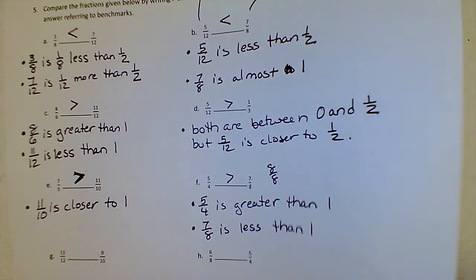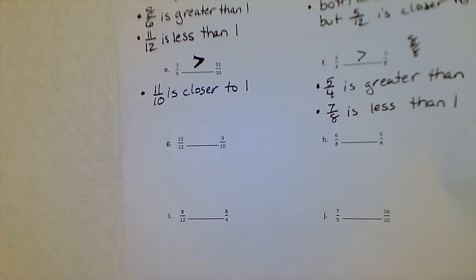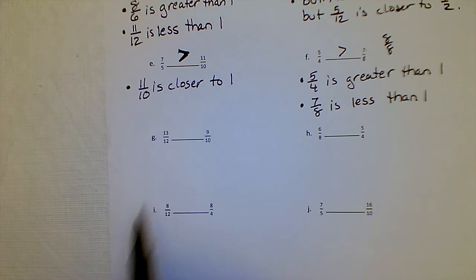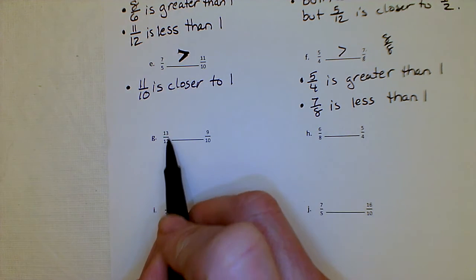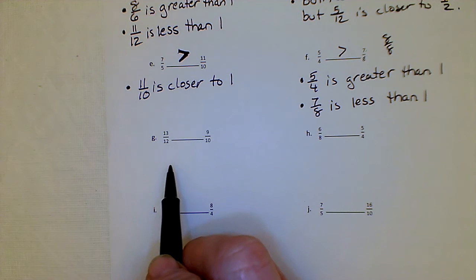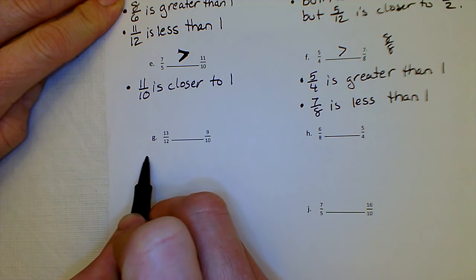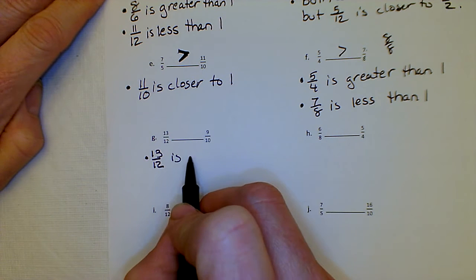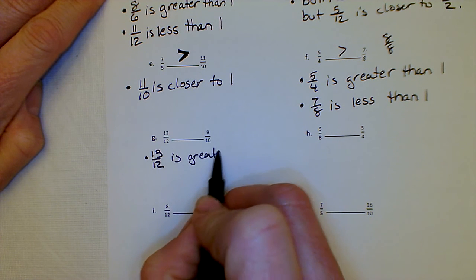All right, let's take a look at another one. So let's take a look at G. So G has 13/12 and 9/10. Can you guess how to do this one? Does this look kind of similar to F? It should. Here we have again a fraction greater than 1. So 13/12 is greater than 1.